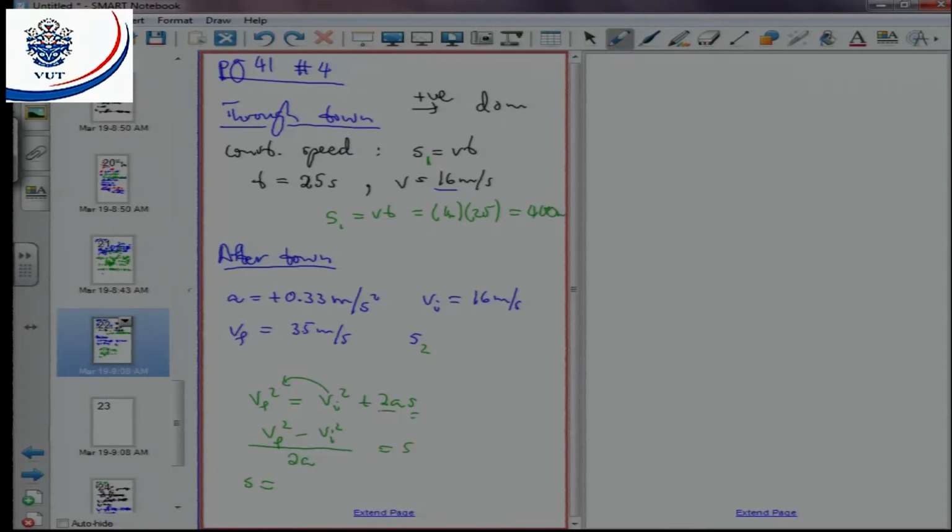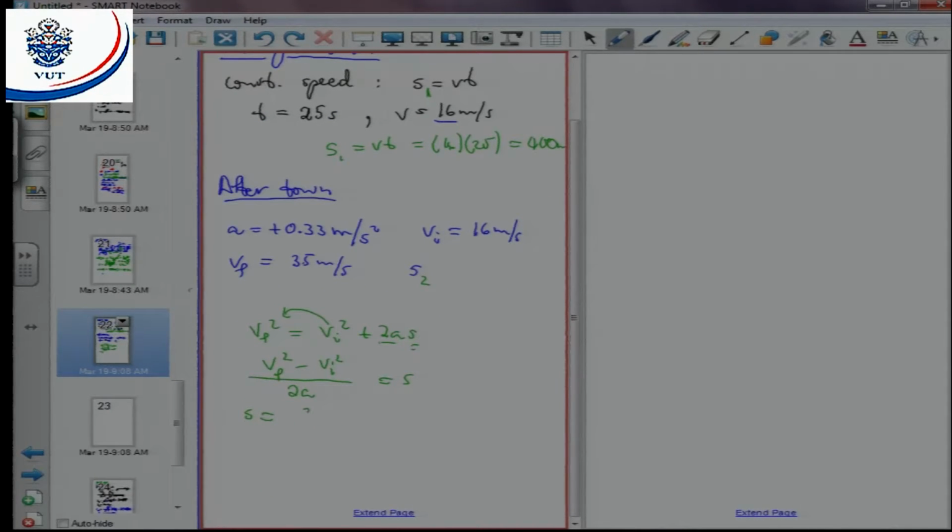So S is equal to, Vf is 35, so 35 squared minus 16 squared over 2 times 0.33. Okay, if you plug those in, what you find is S2.